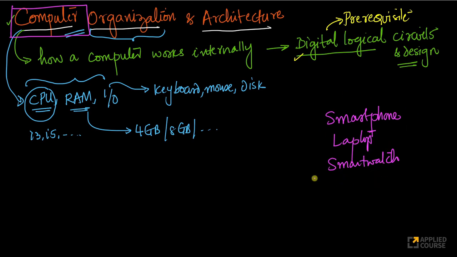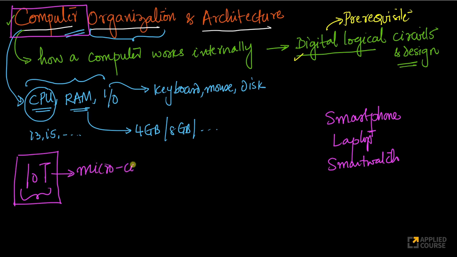Similarly, if you ever want to work in this very fast growing field called IoT, you need to understand this, because in IoT, we have these systems called microcontrollers. So IoT uses a bunch of microcontrollers.